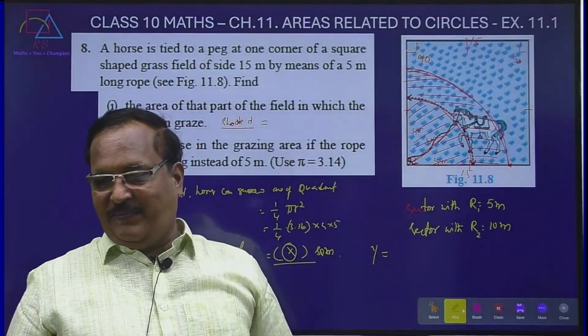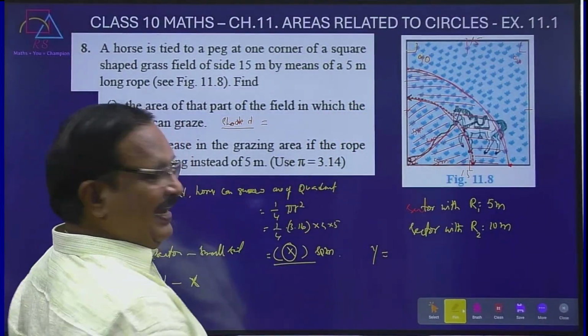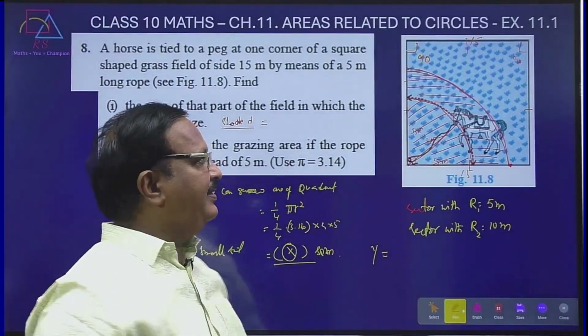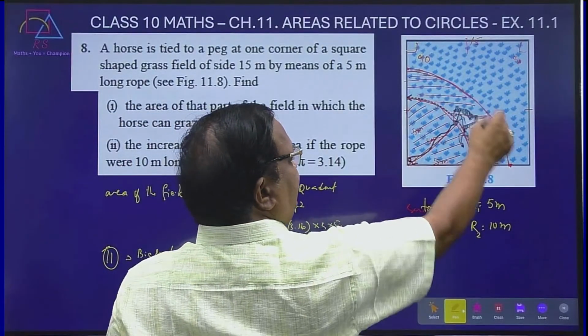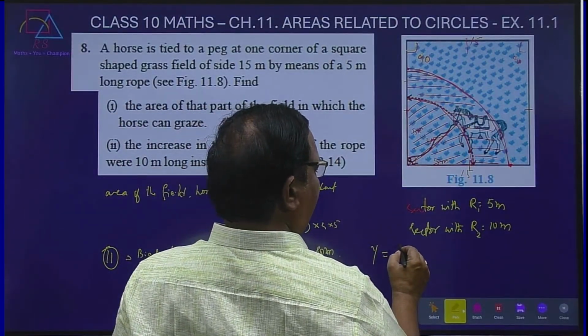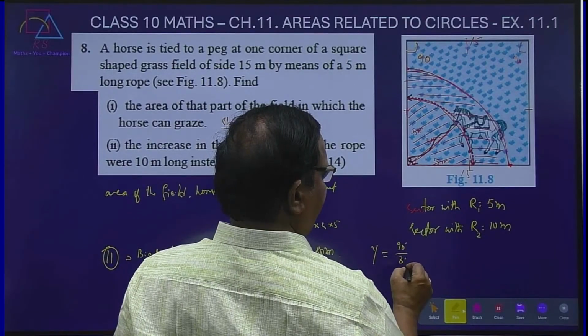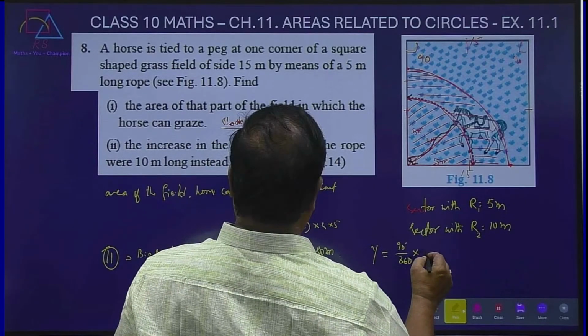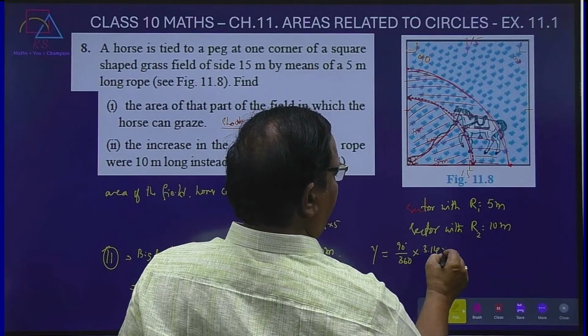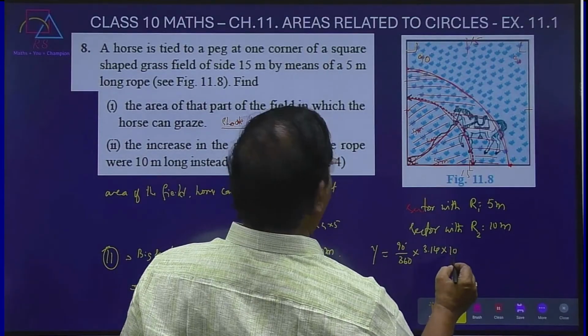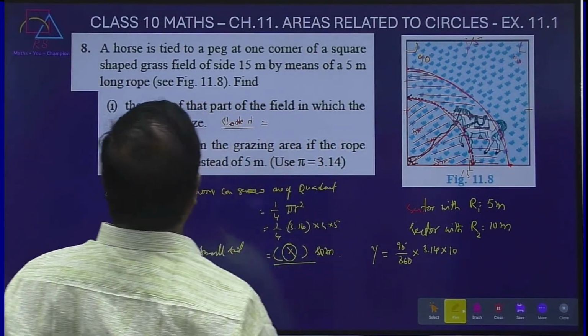Okay, because I am leaving the calculation for you, I am just explaining it. So what is the radius of the bigger sector, 90 degrees, 90 by 360, pi is 3.14, radius is 10.